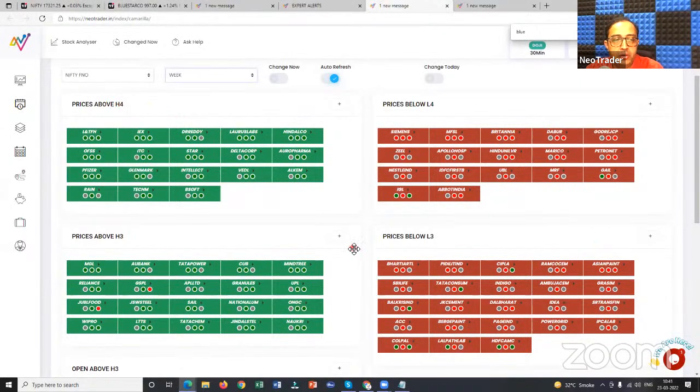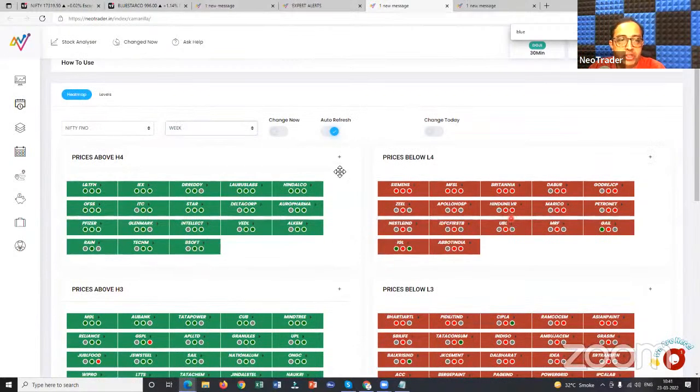Now this being available in front of you, you can see what the overall situation is, and without looking at the charts, you can very quickly get an assessment. That is the beauty of this page. You can see that daily, weekly, monthly, every time frame is available in front of you.